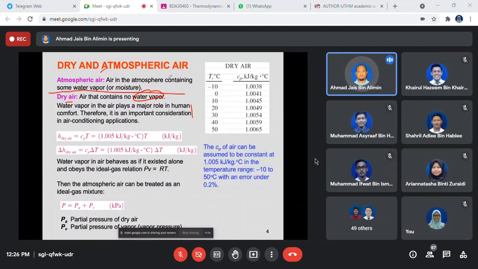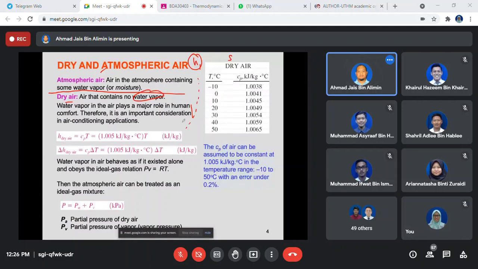Since we are dealing with atmospheric air and also dry air, in thermodynamics you are concerned with the enthalpy, because enthalpy is the energy that you can take benefit from. Another parameter that you also investigate is the entropy. So when we deal with atmospheric air, you know now that air can have water vapor, and dry air doesn't have any water vapor. So you still need to calculate the enthalpy.